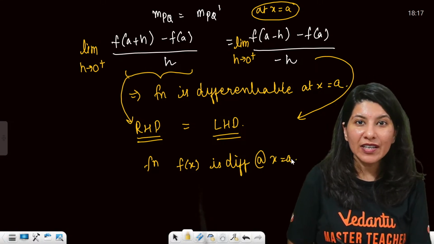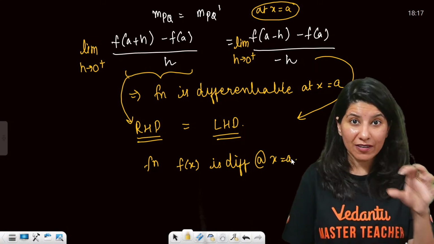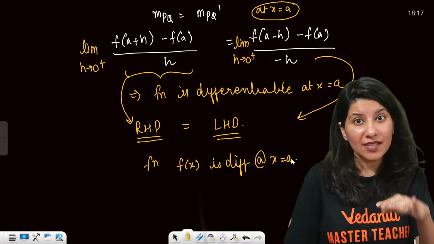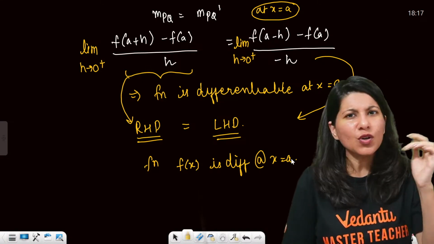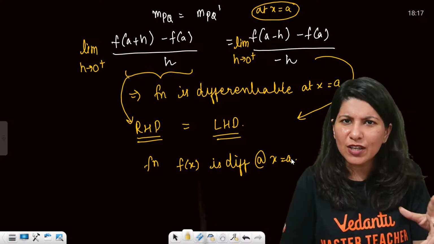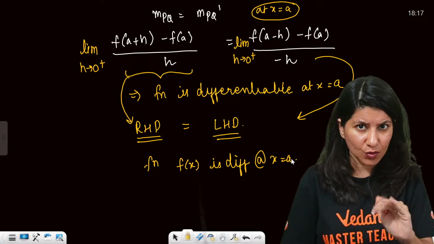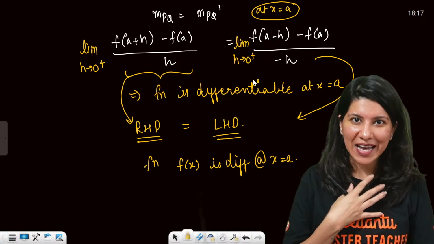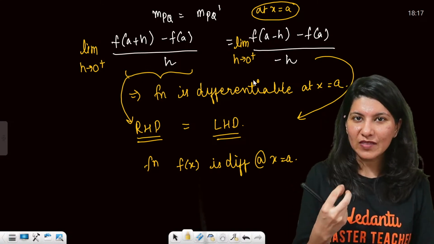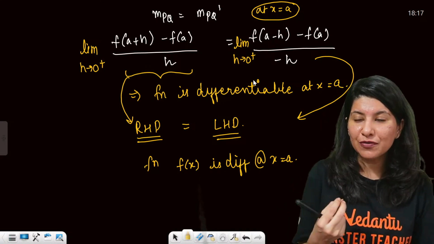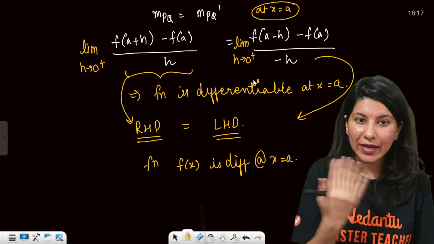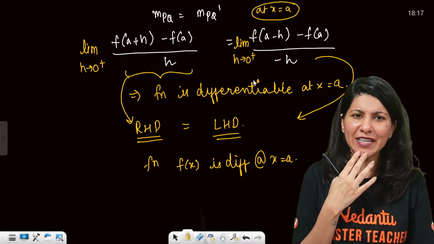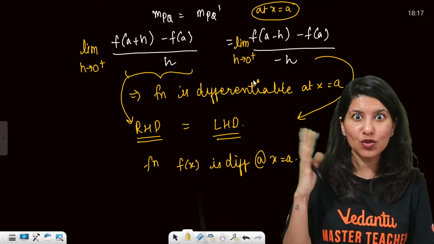Now you must be wondering, ma'am, hold on, this is a very big formula, f of A plus H minus f of A upon H. Will we be able to put the values and understand this or not? Do not worry, I am here. I know it will be difficult for you for the very first time.